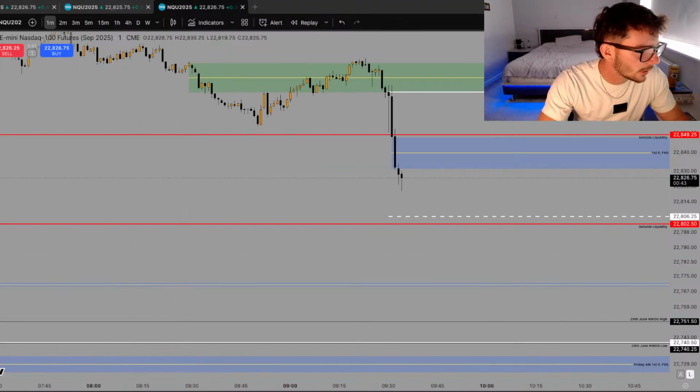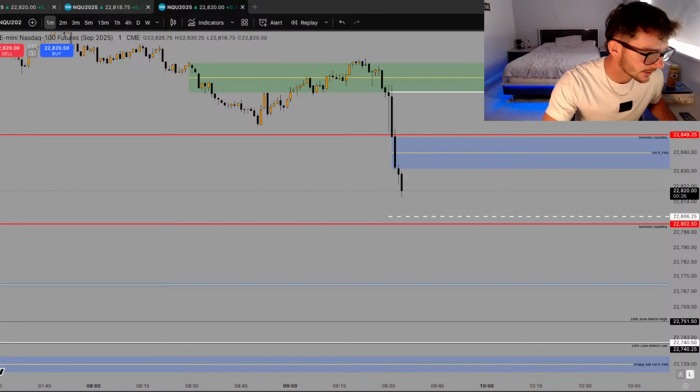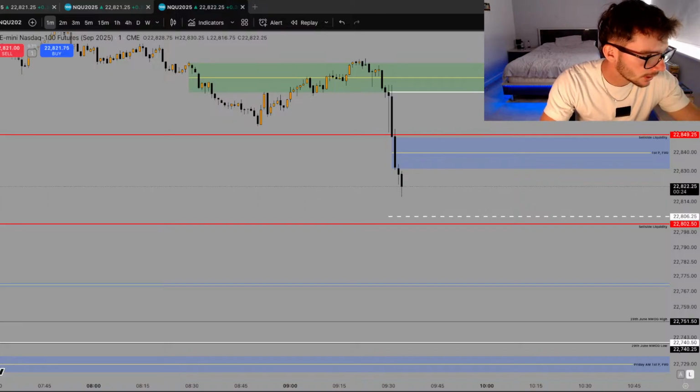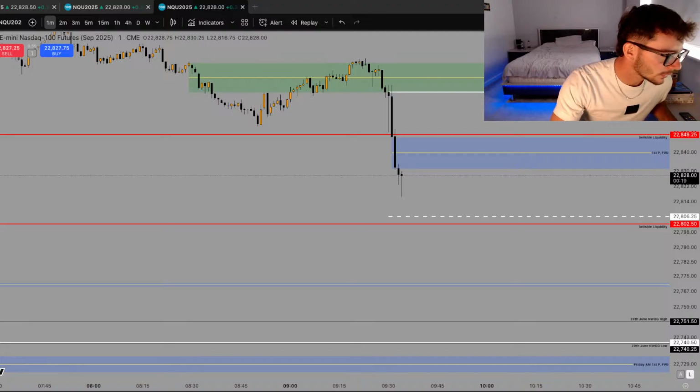I'm going to swipe across to Bullinox and highlight that. I don't know if I want to enter this straight away. Typically what I do with these first presented is I wait for a reaction off of them, then drop down into the 15-second chart and take a fair value gap off that once I see the reaction, if that makes sense. It'll be easier for me to show once the trade actually happens.